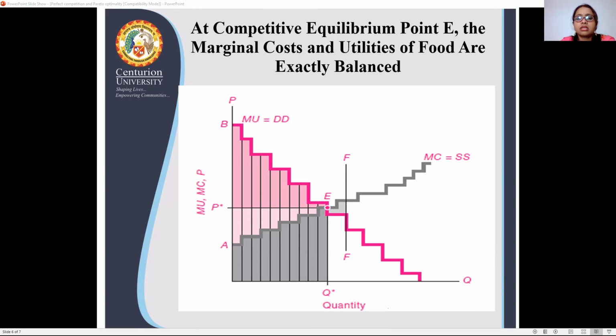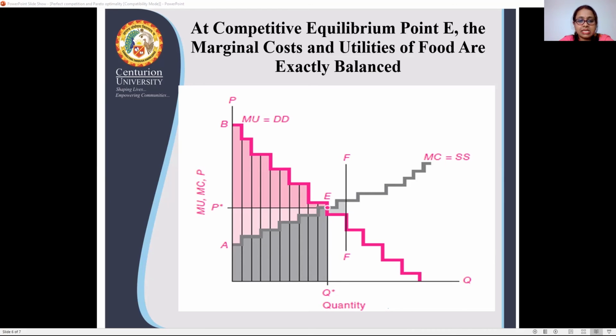Therefore, the economic surplus is the welfare or net utility gained from production and consumption of goods. It includes consumer surplus and it also includes producer surplus. A careful analysis of competitive equilibrium will show that it maximizes the economic surplus available in that industry.